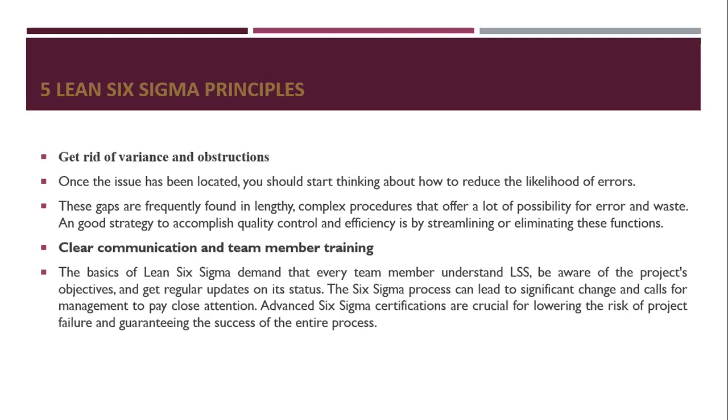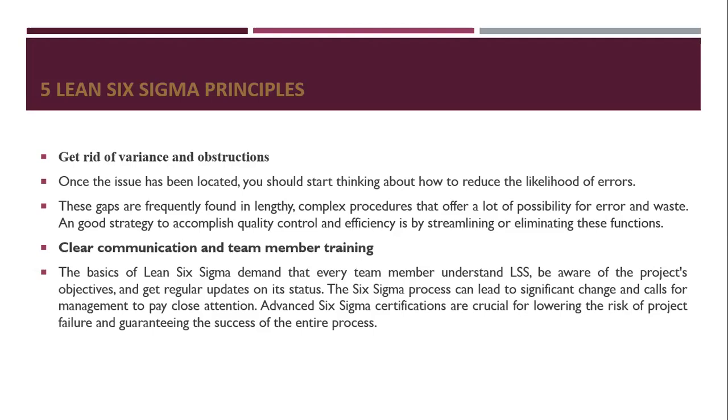So identify the gaps, identify the problematic issues that lead to highly complex procedures in solving the problem that may take long hours, and that will also affect the quality control and efficiency of the process operation. So we want to eliminate these functions.